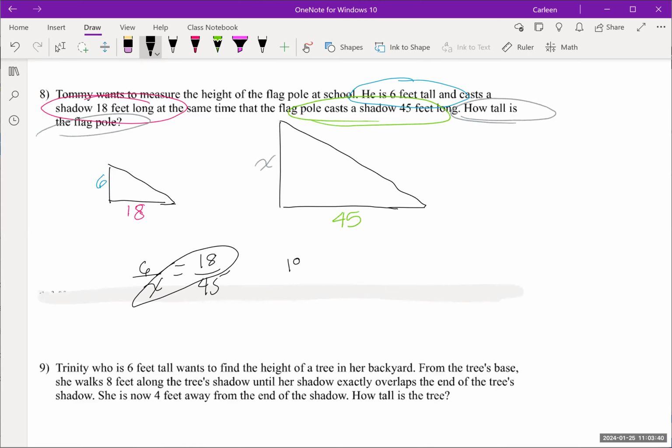Okay, so we have 18X is equal to 6 times 45, which is 270. Divide by 18. X is equal to, got it. Good job. Anyone else? Correct. 15.